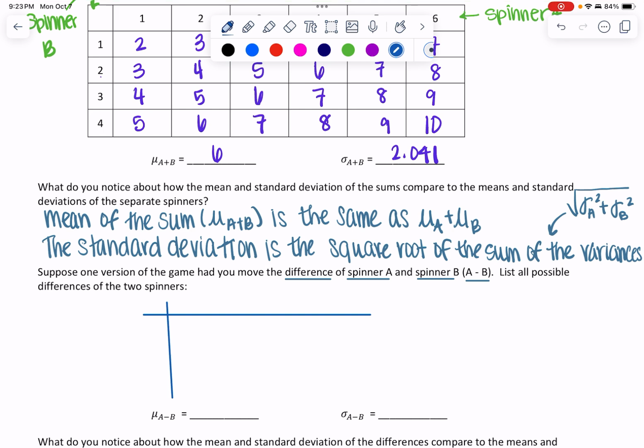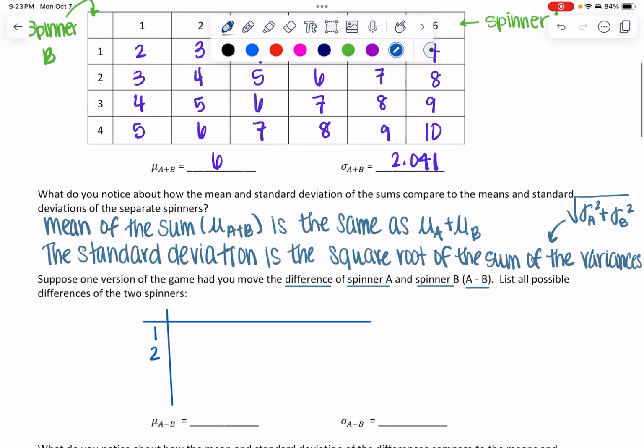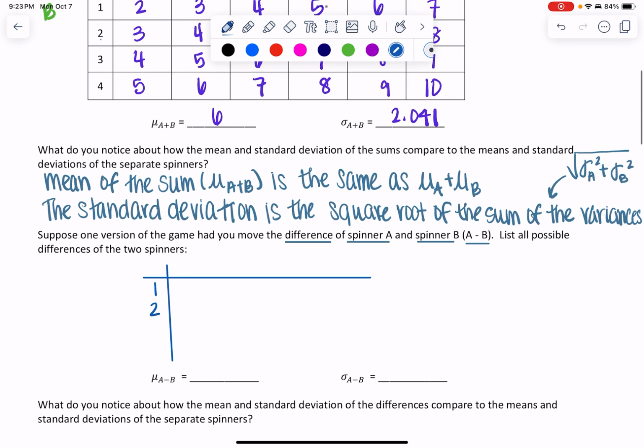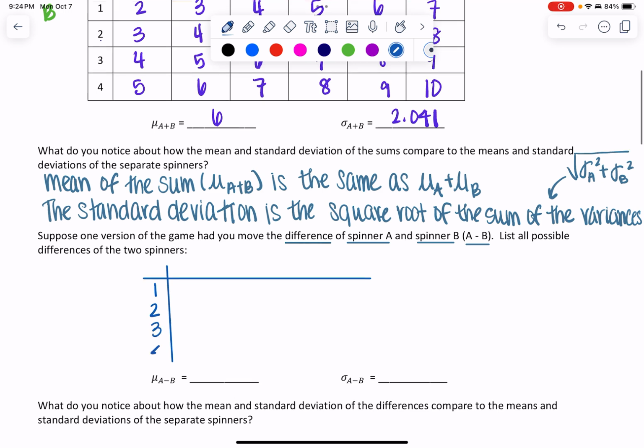And this is 1, 2, 3, 4. And this is 1, 2, 3, 4, 5, and 6. Okay, so let's fill this in.